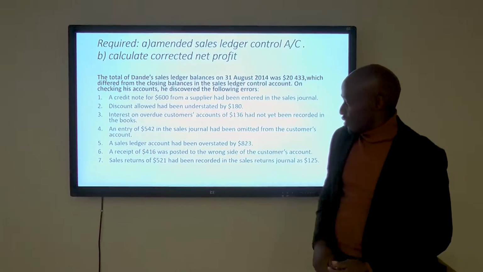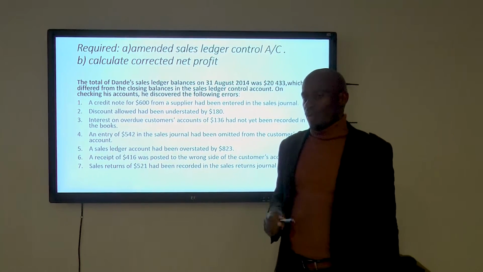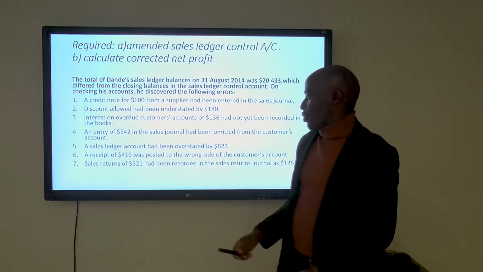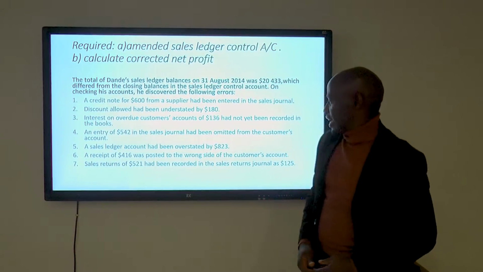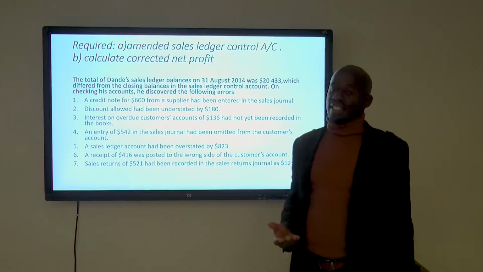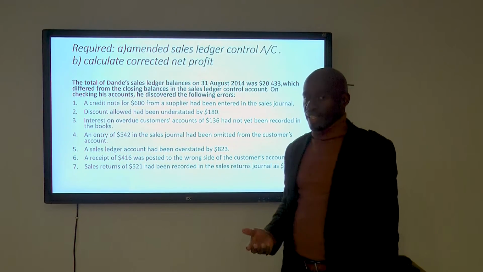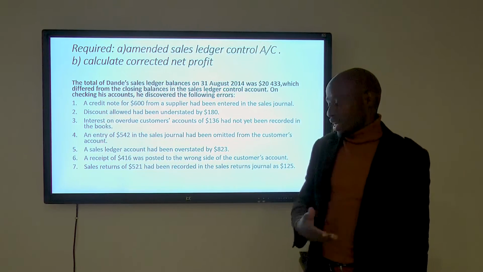Welcome learners to our third and final segment of this lesson, where we are correcting errors. Right. Prior to the break, we were looking at error number 5, which reads a sales ledger account had been overstated by $823. Now it means that our debtors figure has been overstated. We need to review it downwards.